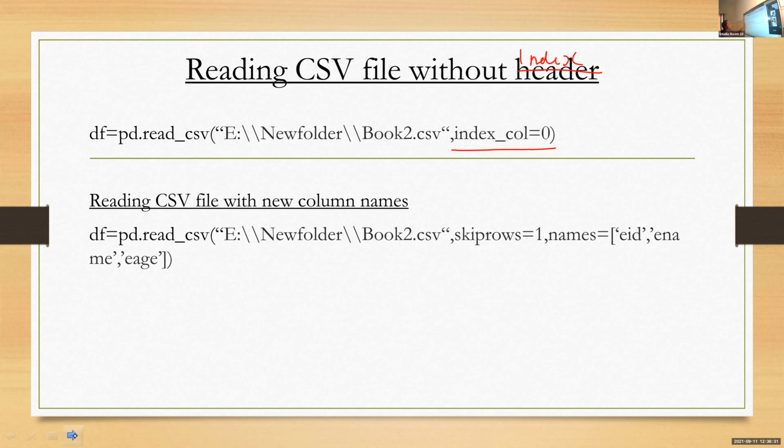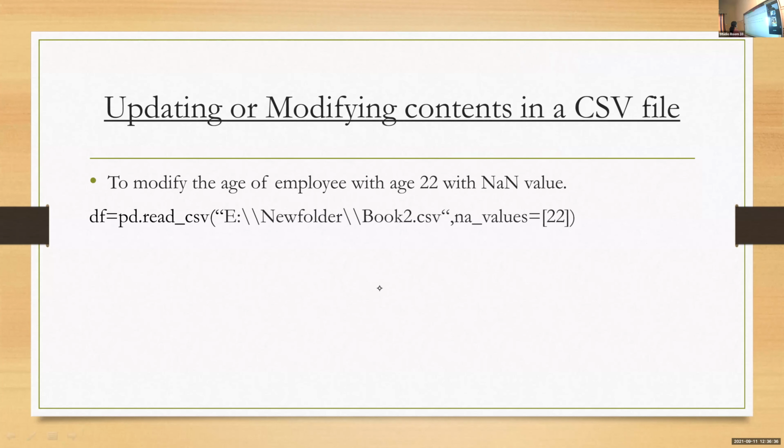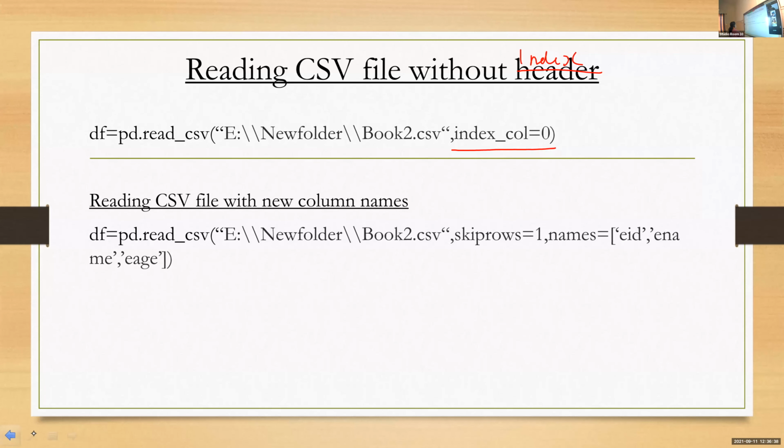So after executing that statement, the result is EMPID. There is no index value. EMPID, then age, then city. With EMPID, it is 101, 102, age 25, 24, city Delhi.